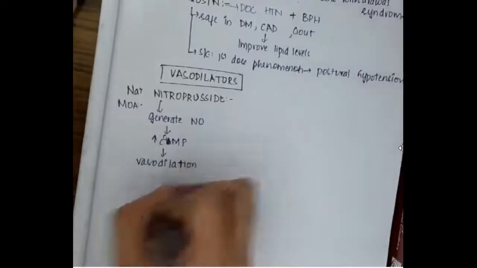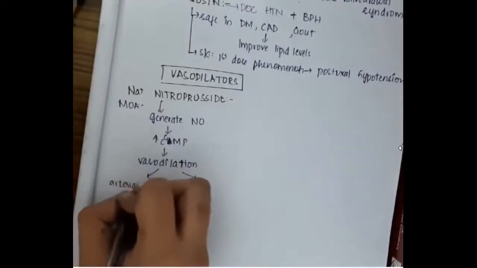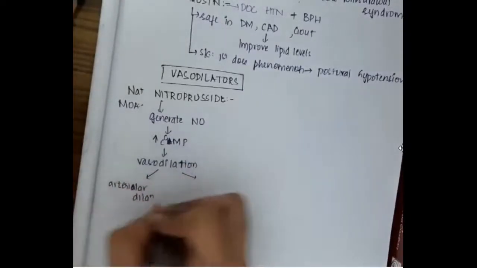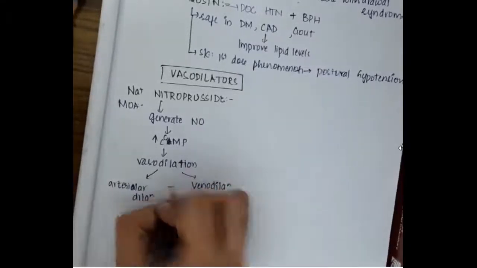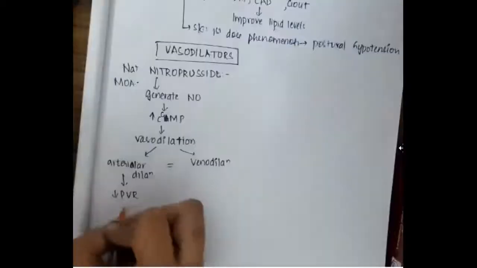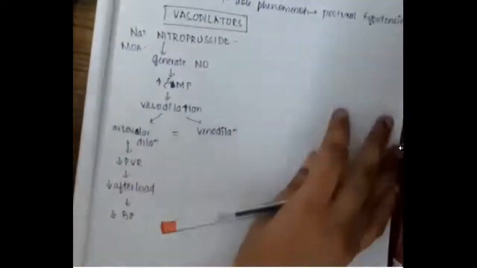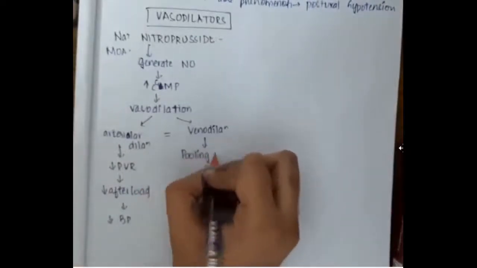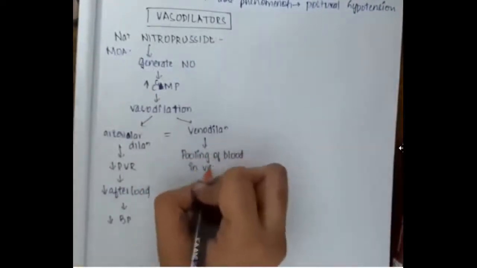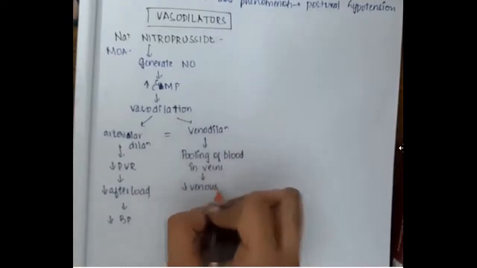So it can cause both arterial vasodilatation and venular vasodilatation almost equally. If it causes arterial vasodilatation, it decreases the peripheral vascular resistance, decreases the afterload, and thus decreases the BP.